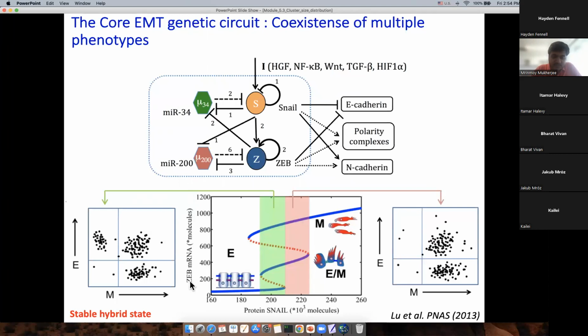As you can see, depending on the ZEB mRNA and the protein SNAIL for a single cell, when these two, ZEB and SNAIL, are expressed at very low amounts, you can call it the epithelial state. And obviously at the other extreme, when these two expression levels are high, you can call it the mesenchymal state. And also you can find an intermediate state, which is stable. This solid line here represents the stable states, the dotted line the unstable states. So as you can see in this figure, solving this gene regulatory network, we find a stable hybrid state.